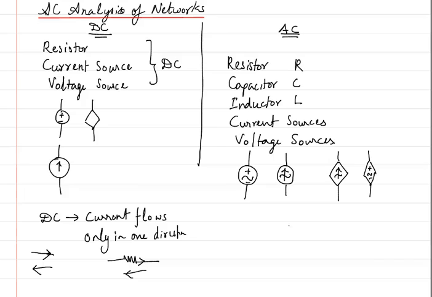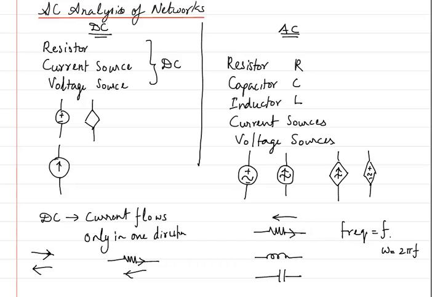Whereas, in an AC circuit, whether it's a resistor, an inductor, or even a capacitor, based on the frequency, the current will at one time go in this direction, at the other time it will go in the opposite direction.